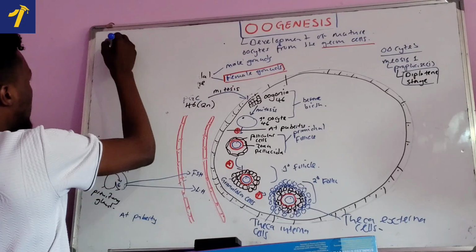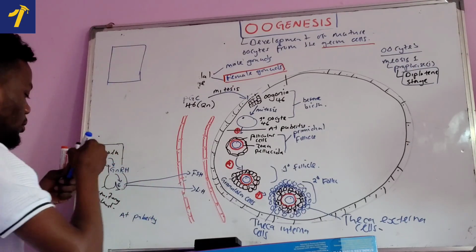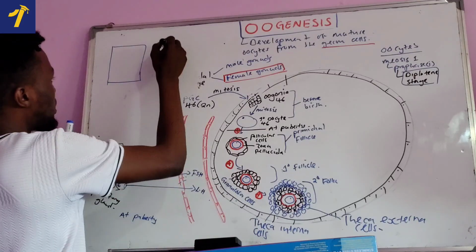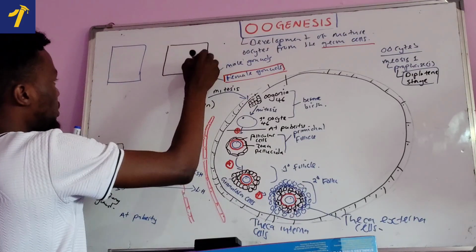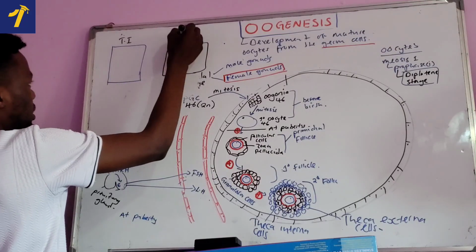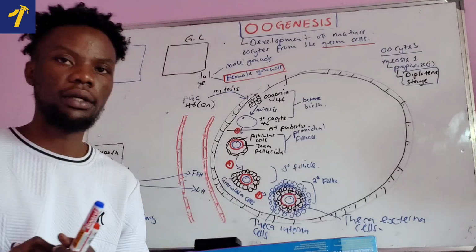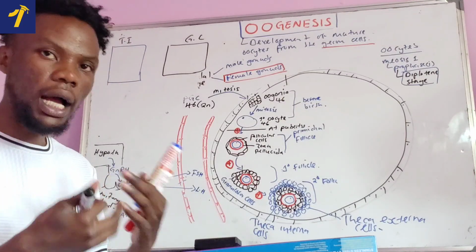If this is the theca interna cell, and this is the granulosa cell. So this is the theca interna, and these are granulosa cells. Something will start happening here. They'll start producing active hormones.